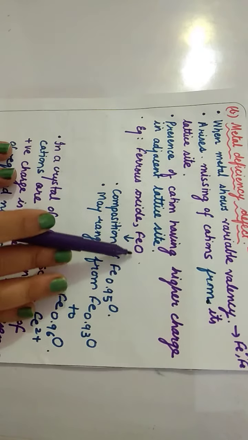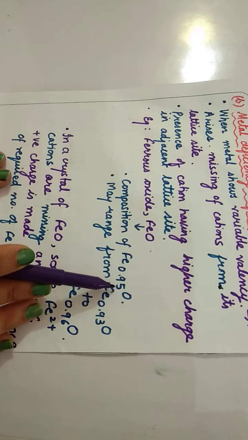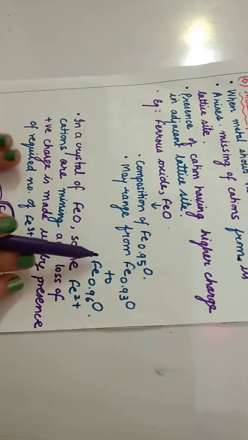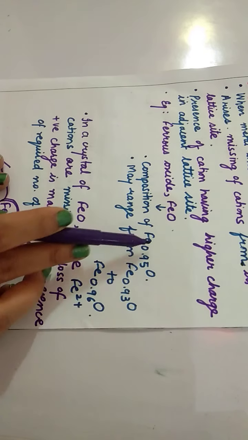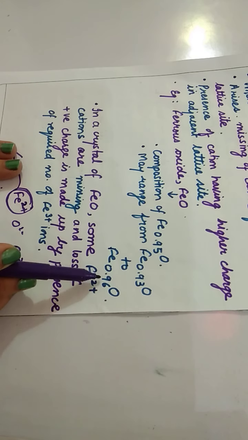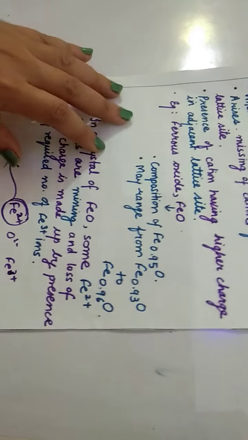Example, ferrous oxide FeO. The composition is generally Fe0.95O, that is Fe is 0.95 and oxygen is 1. And the value of Fe may range from 0.93 to 0.96. So this is metal deficiency defect shown by those metals which have variable valency.